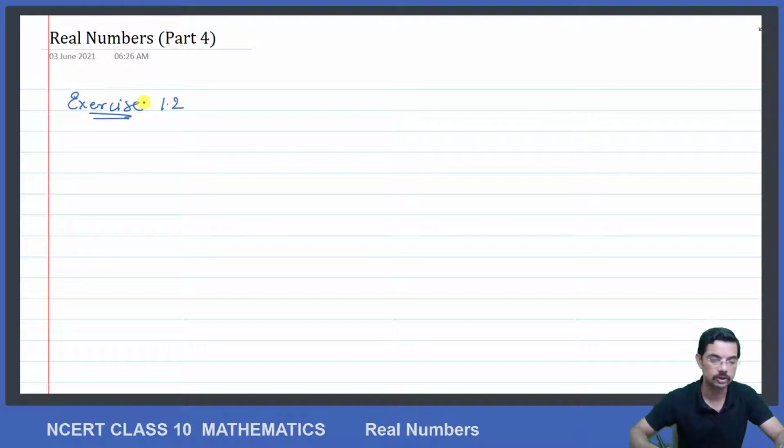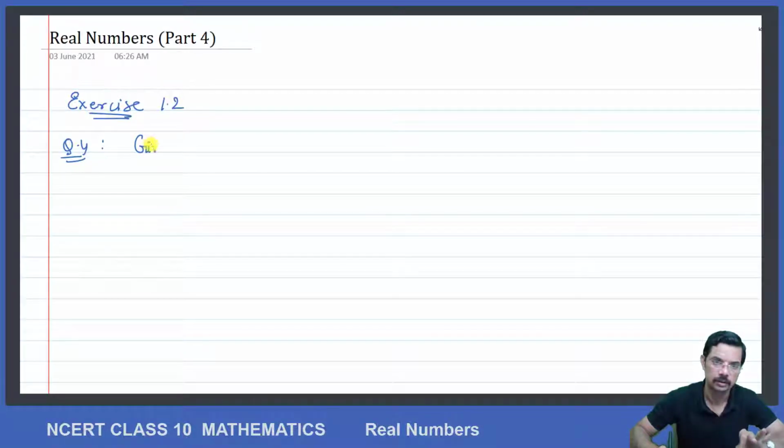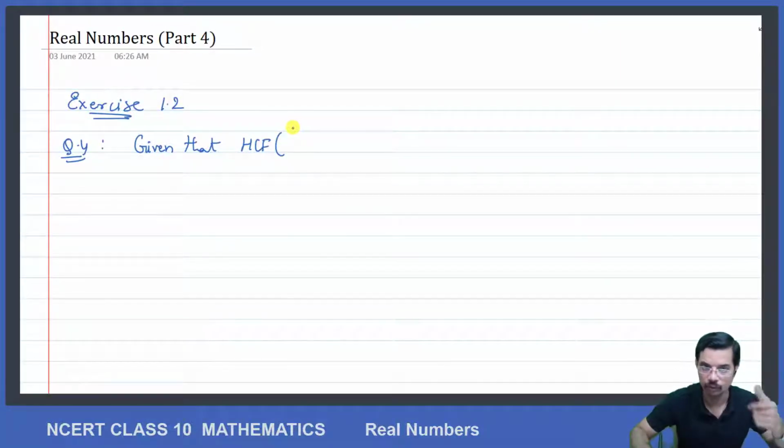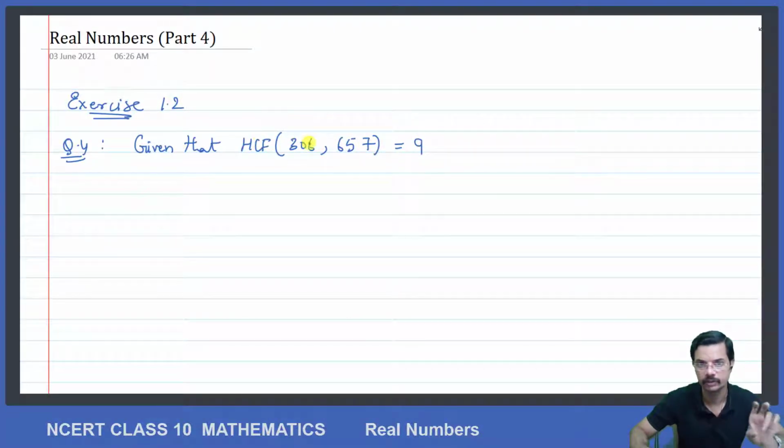Now let us read question number 4, if you have the textbook. What is there in question number 4? It is given that HCF of 306 and 657 is equal to 9.